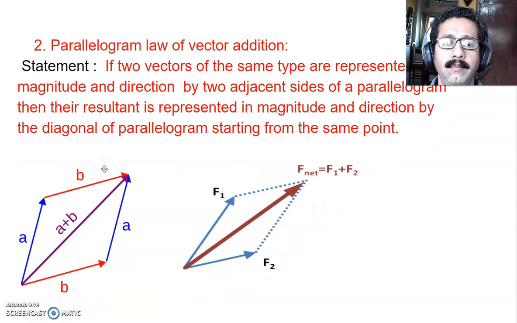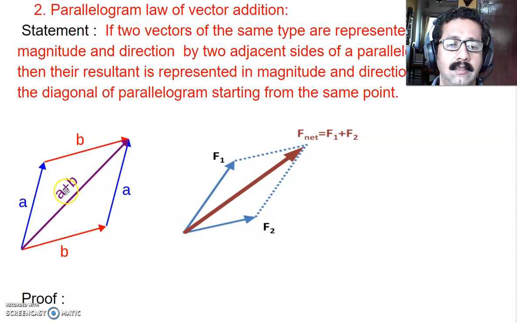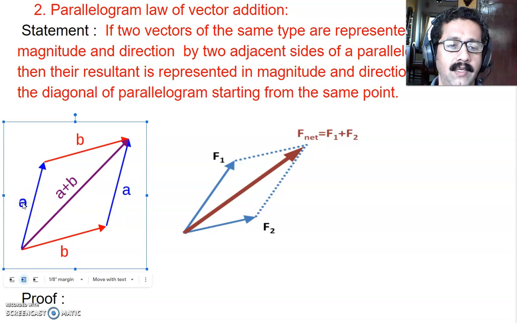The diagram will show us this in a better way. I have two vectors. One is shown in this figure as vector A, the other is vector B, shown by the red vector.